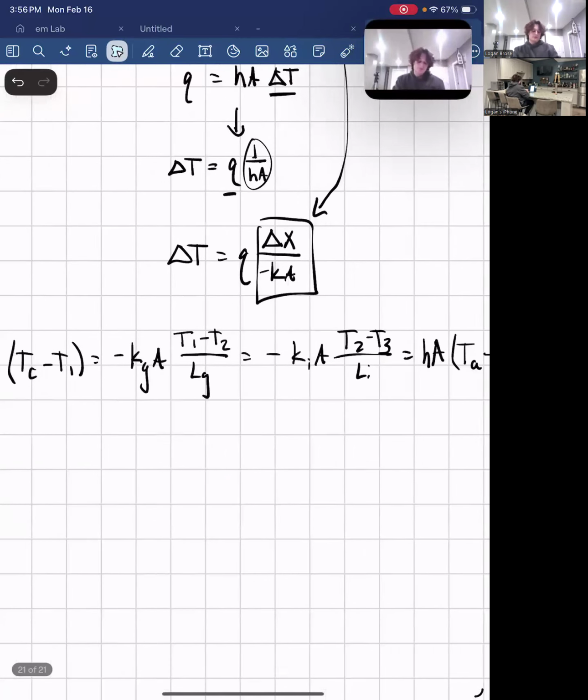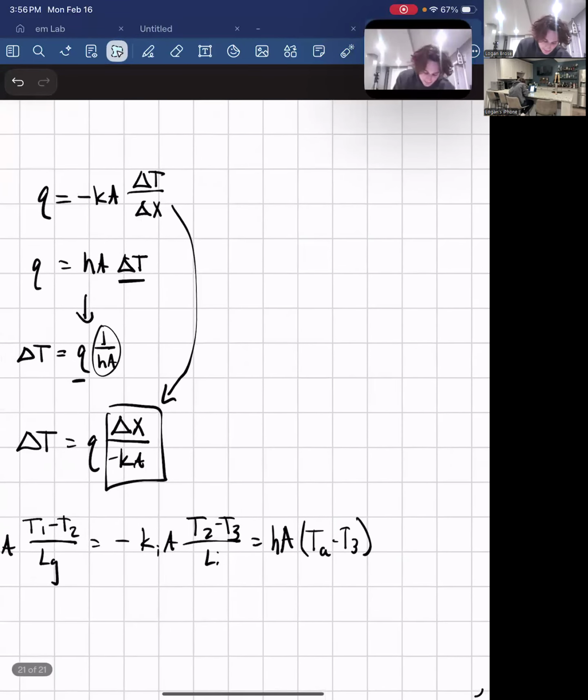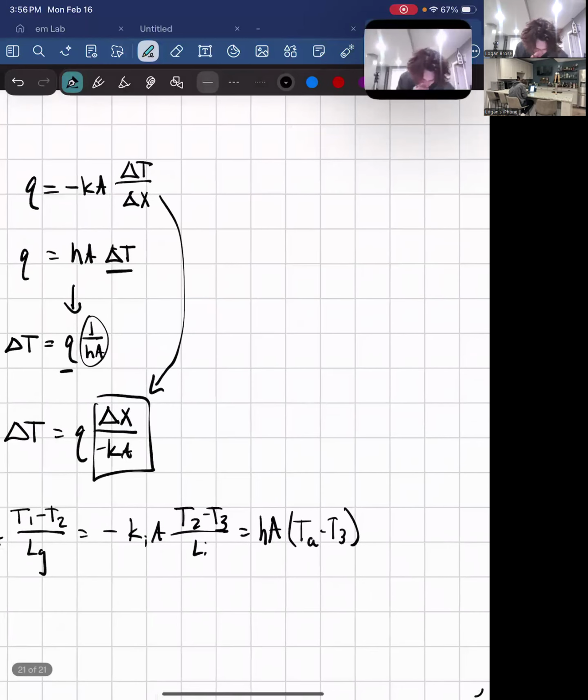And if we look at it, we can use the same principle when looking at our resistances: our total has to be the sum of our R's.